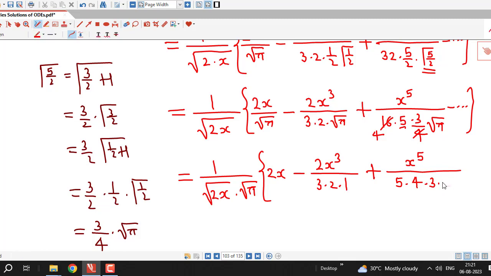It is square root of pi minus, and so on.